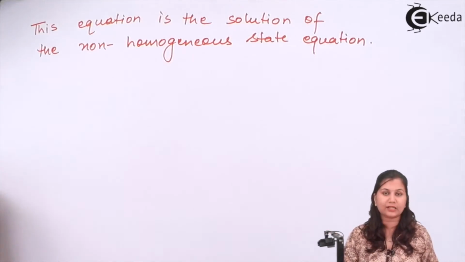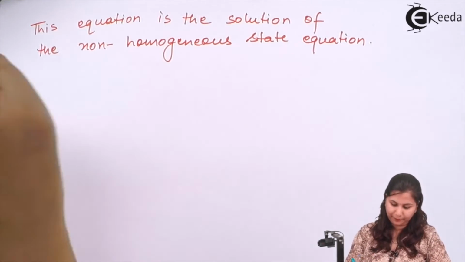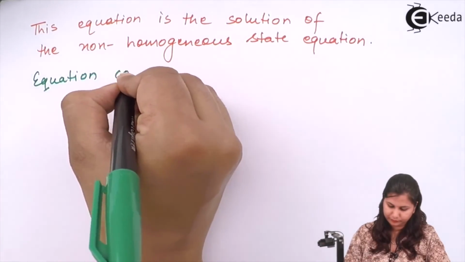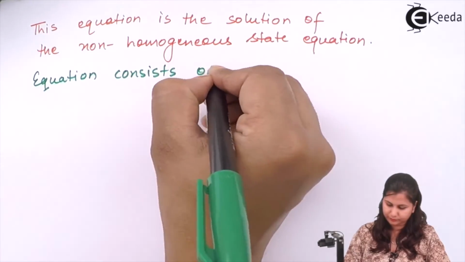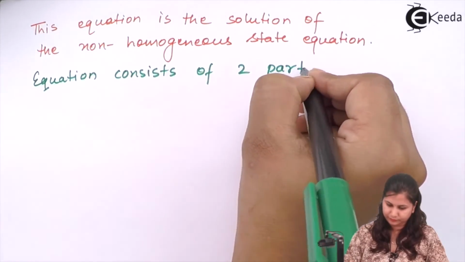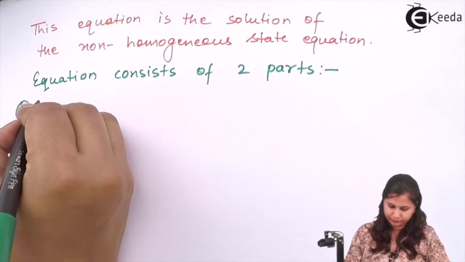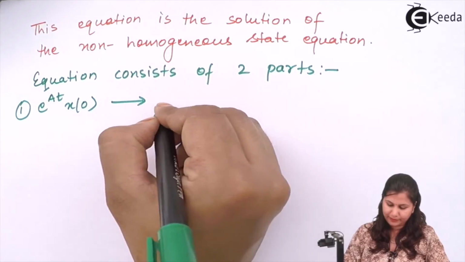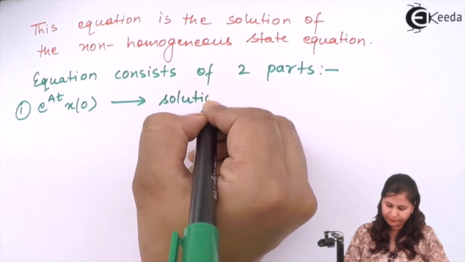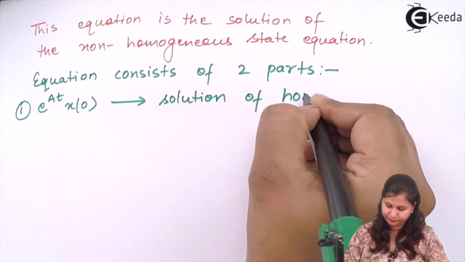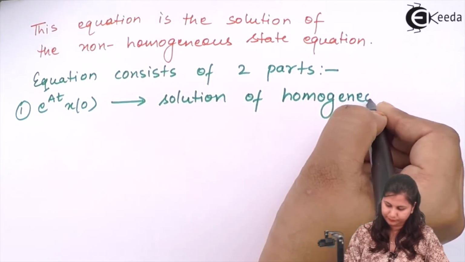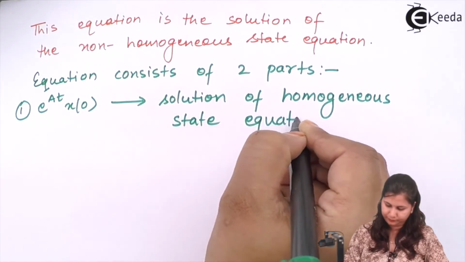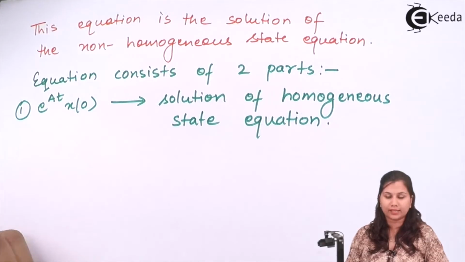So we can see that this equation has two parts. The first part is e raised to the power At x(0), and this represents the solution of the homogeneous state equation.